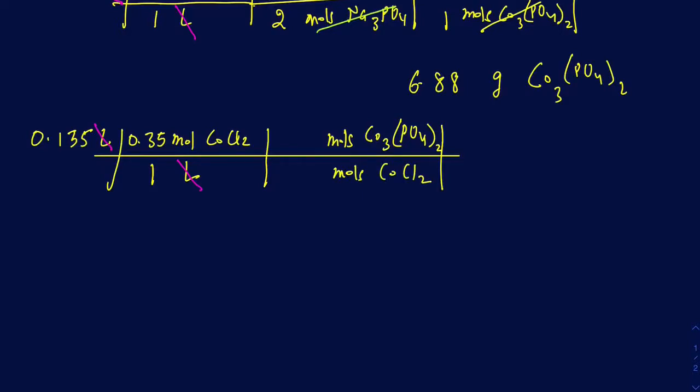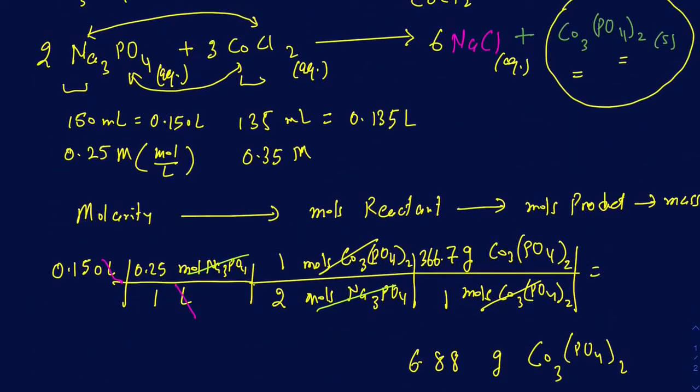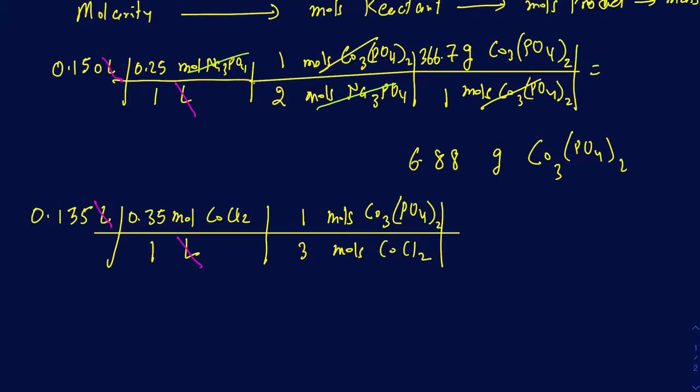You can see the stoichiometry relation back here. I have 3 in front of cobalt chloride, and 1 in front of cobalt 2 phosphate. So I'm going to have 3 here and 1 here. These steps are the same as we have done with the previous reactant, but now we're doing it with the cobalt chloride.